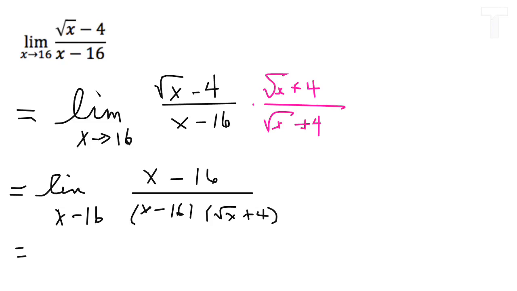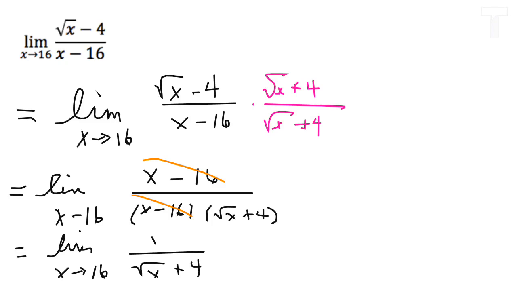I can cancel out. I have an x minus 16 in the numerator, cancels with an x minus 16 in the denominator. My new problem, this is the limit as x approaches 16 of 1 over square root of x plus 4. I'm going to come to the top here.